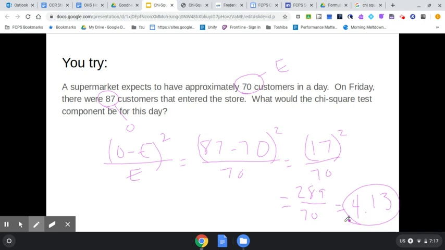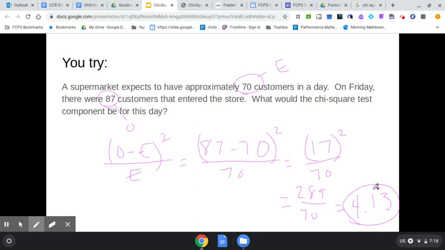If we compare those last two examples, we see, guys, that if the difference is small, we get small chi-squared test statistic components. For larger deviations, larger variances from what we expect, that's when we get larger values for the chi-squared test statistic component.